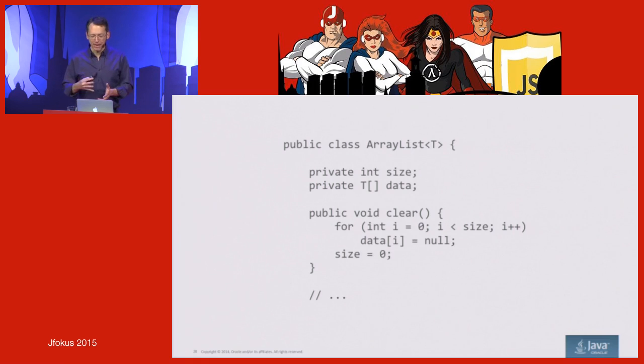In order to make these changes, it will be important, we think, to distinguish classes that are prepared to deal with value types from classes that aren't. So the way we'll do that is by introducing a new keyword called any. Any is a bit odd. In some senses, you can think of it as a supertype of all value types and all reference types.